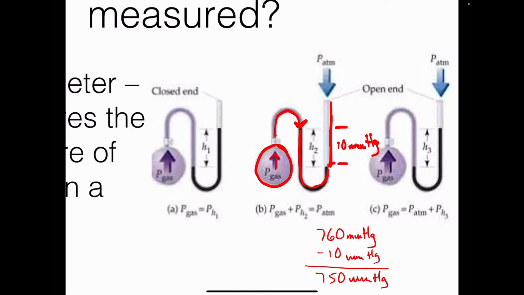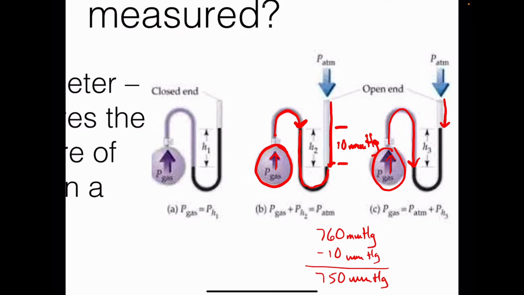Now it works the same way when our gas is pushing more. We can see in this case that our enclosed gas is pushing more on this column of mercury than the atmospheric pressure is. So this one is going to be a little bit different.